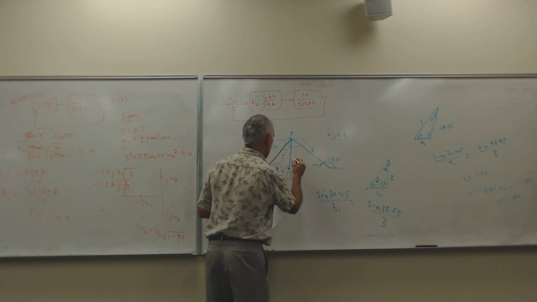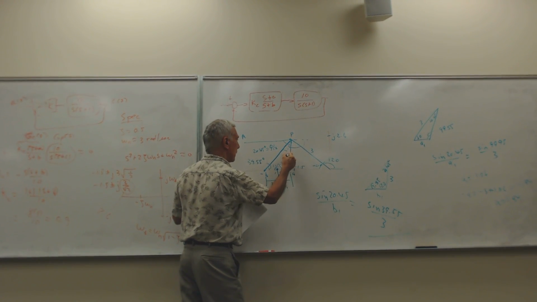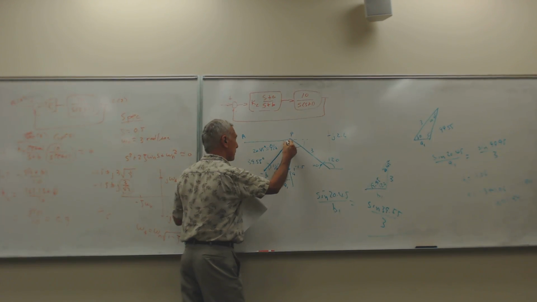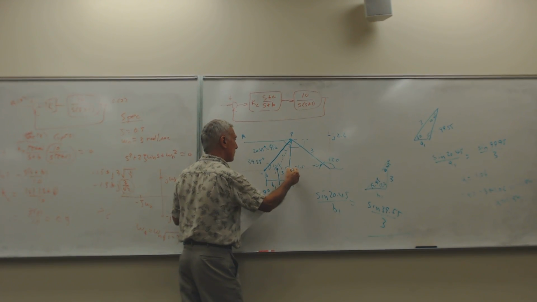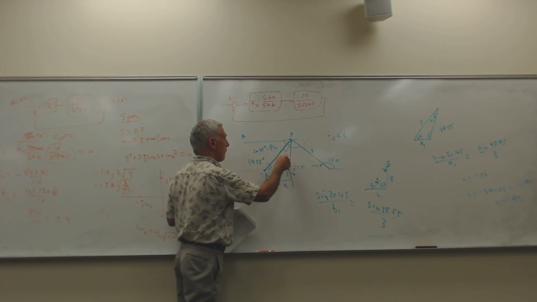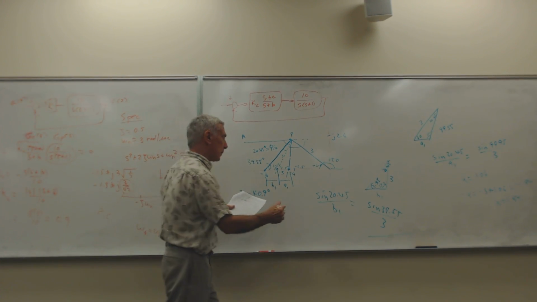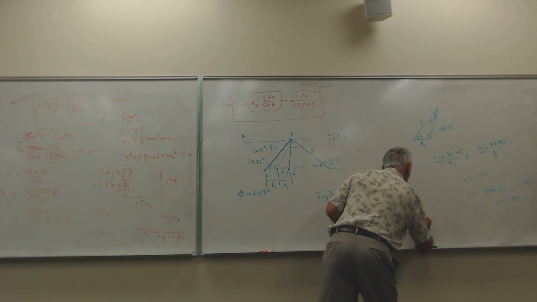So the two triangles that we're talking about are this one that we're working on presently and the previous one was this one here. Each of them has this common side, which is a dashed line. And so you can find the B1.